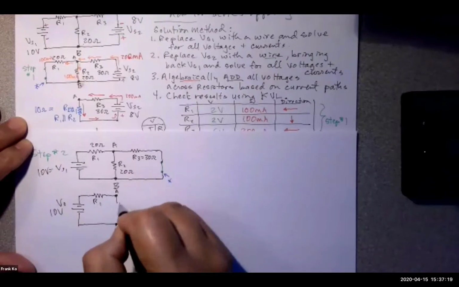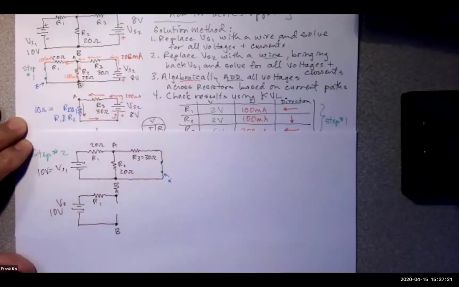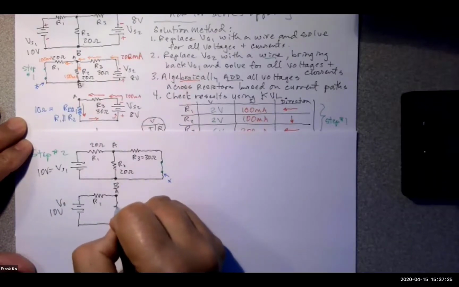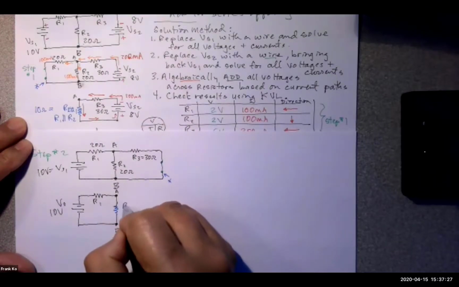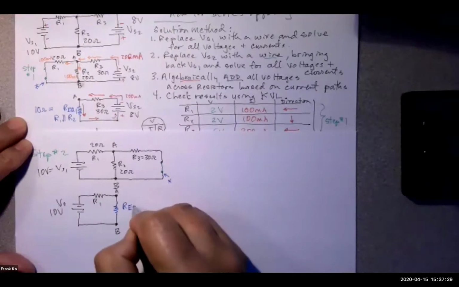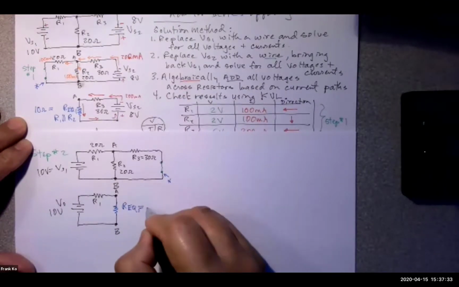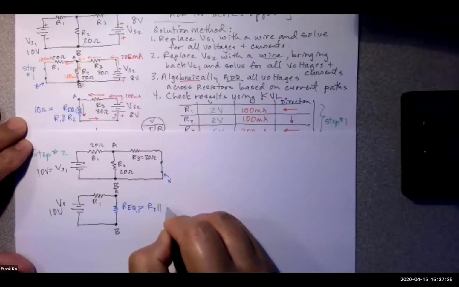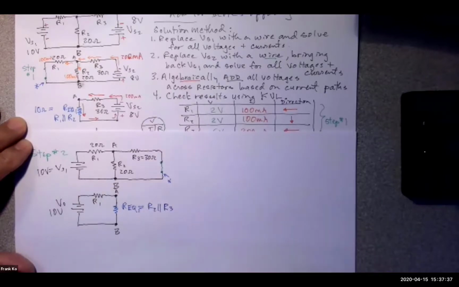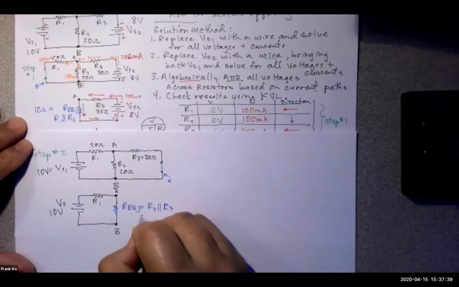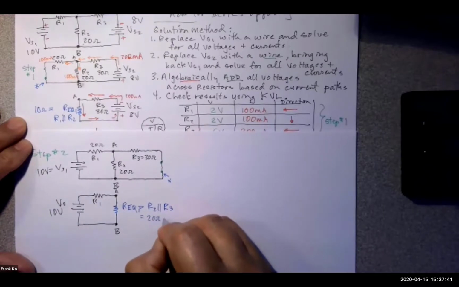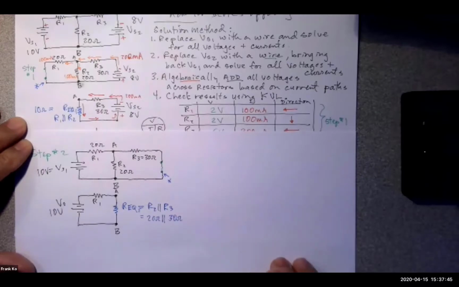Here's my point B. And I'm going to replace these with a single equivalent resistance, REQ1. In this case, this is equal to R2 parallel with R3. So this is equal to 20 ohms in parallel with 30 ohms.